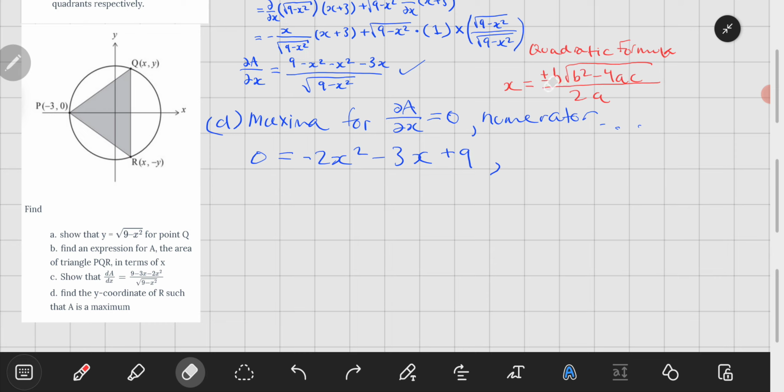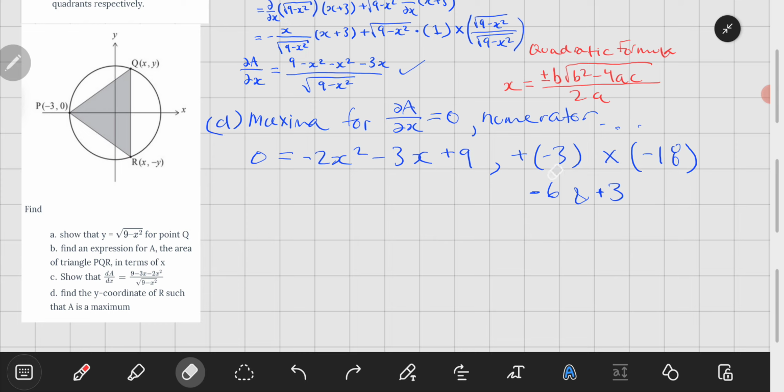You can evaluate this by using the quadratic formula, but I will be factoring this instead, as it's a bit faster. So we need two numbers that add up to b, where b is the coefficient of x, a is the coefficient of x squared, and c is our constant.